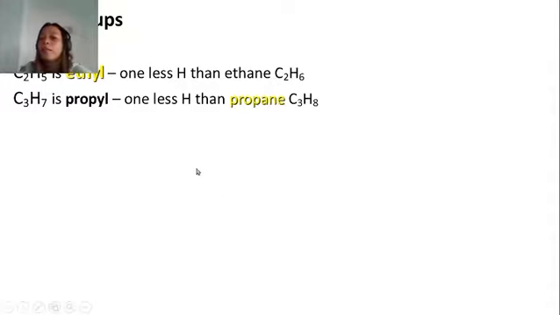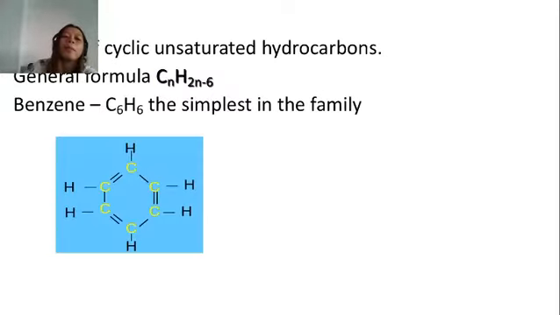So if you're familiar with isopropyl alcohol, that is an isomer of our propyl. Isopropyl, propyl. So benzene, a series of cyclic unsaturated hydrocarbons, general formula is CnH2n-6 because may series sa sang double bond. C6H6 is the simplest in the family of our cyclic unsaturated hydrocarbons.